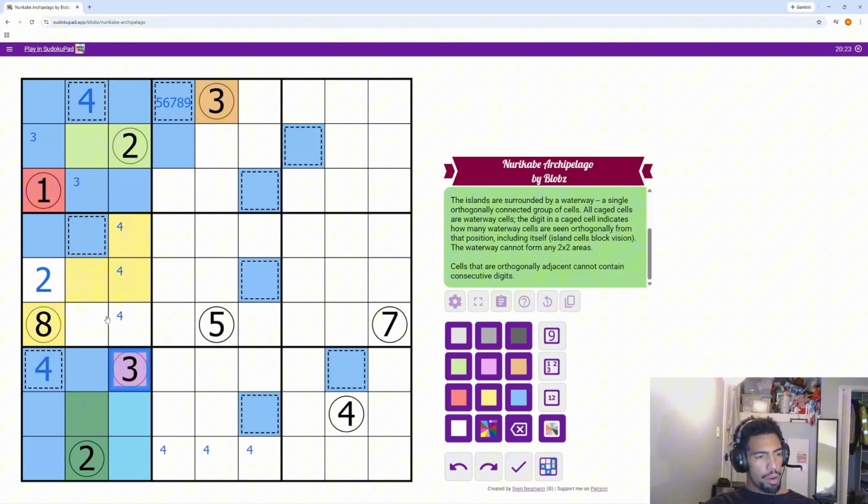I know that purple is not this cell. So purple either goes up there or out here. And I know this can't be purple either. So purple always takes this cell, because if it went up here, it would also have to go out here.